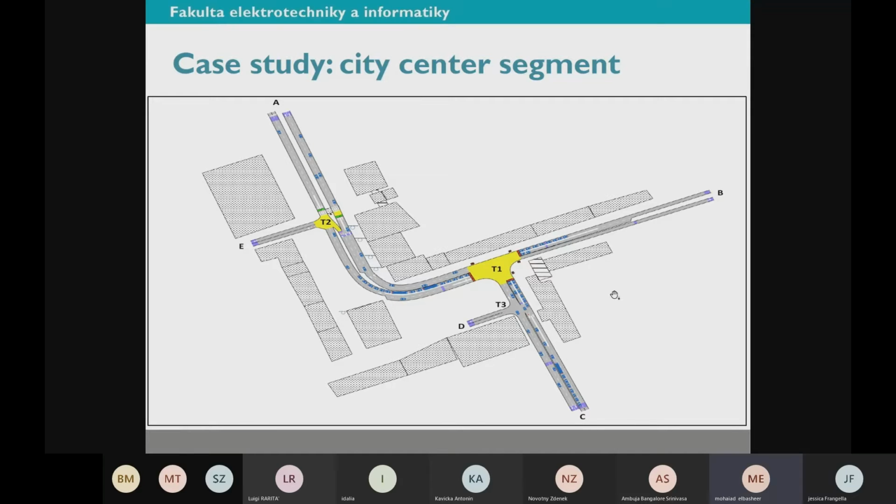Intersection T1 is a central intersection, it's a light control intersection, and the smaller intersections T2 and T3 are here as well. Those intersections are interconnected by typically multi-lane roads. The main task is to investigate the different signal plans applied within the frame of the T1 intersection.